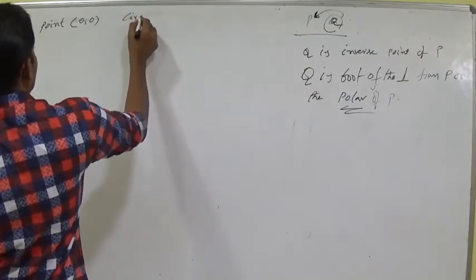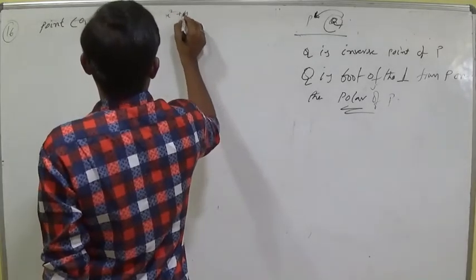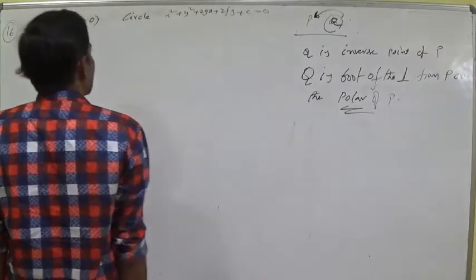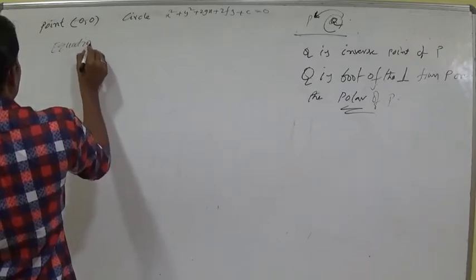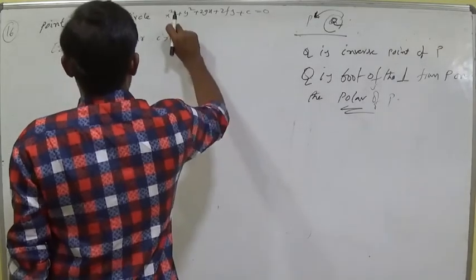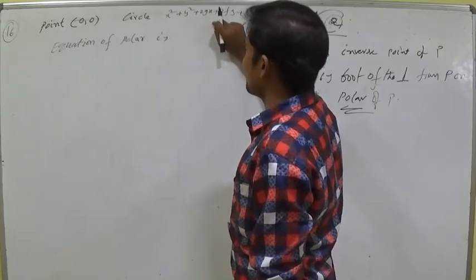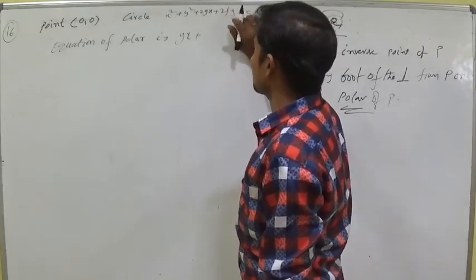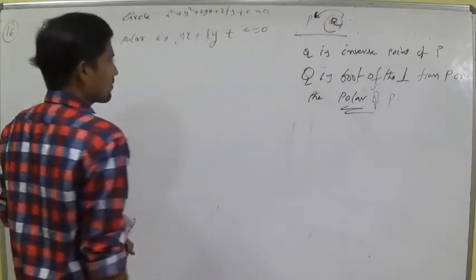Given circle is x square plus y square plus 2gx plus 2fy plus c equal to 0, the general equation. Then the equation of polar is g(x plus x1) plus f(y plus y1) plus c equal to 0, so gx plus fy plus c equal to 0. The equation of the polar is from the origin.